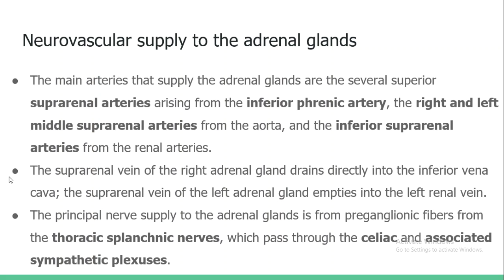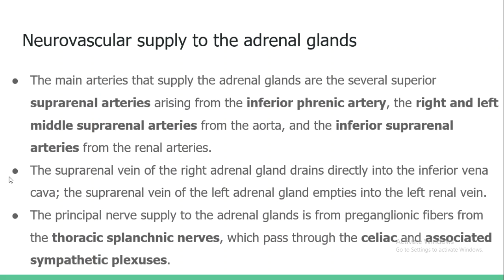Neurovascular supply to the adrenal glands. The main arteries that supply the adrenal gland are the several suprarenal arteries arising from the inferior phrenic artery, the right and left middle suprarenal arteries from the aorta, and the inferior suprarenal artery from the renal arteries. The suprarenal vein of the right adrenal gland drains directly into the inferior vena cava.